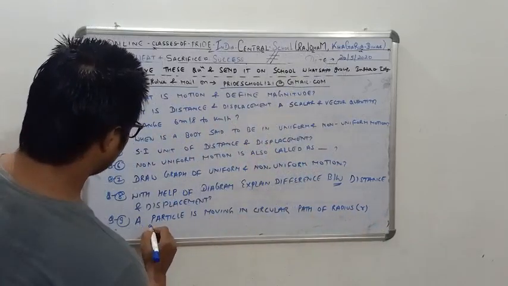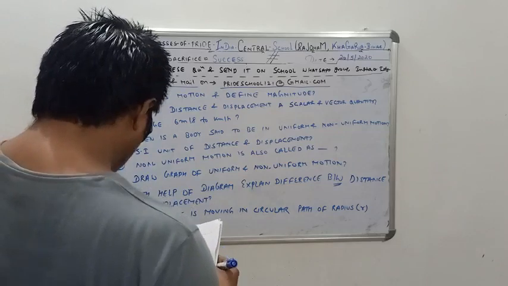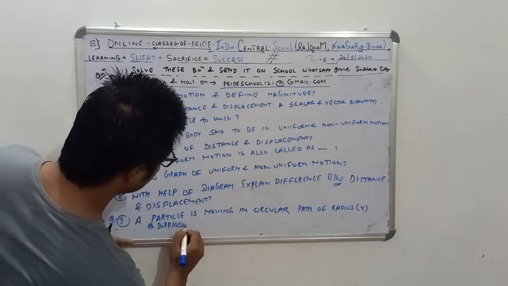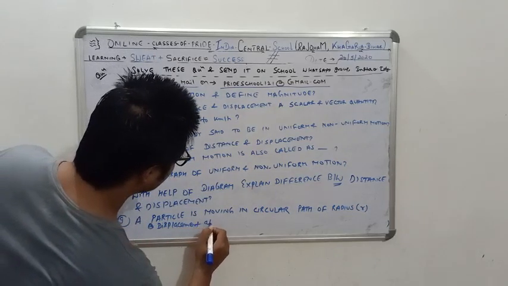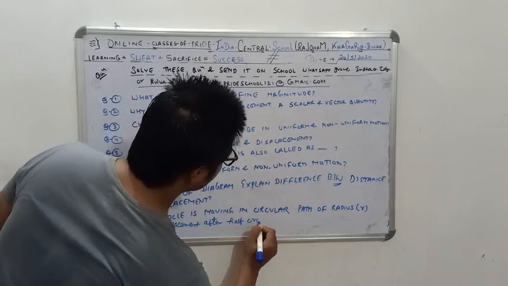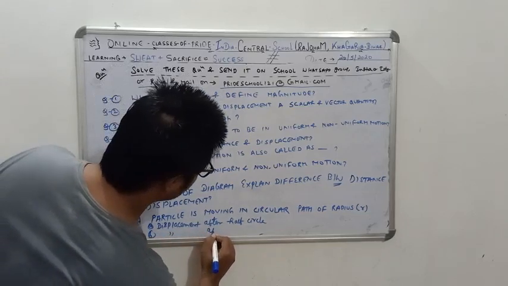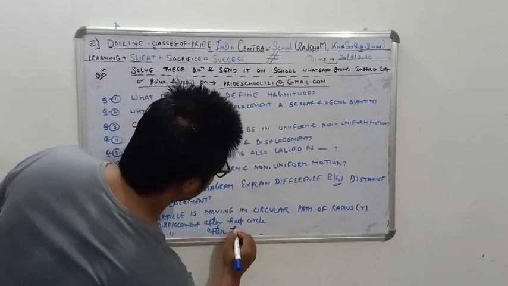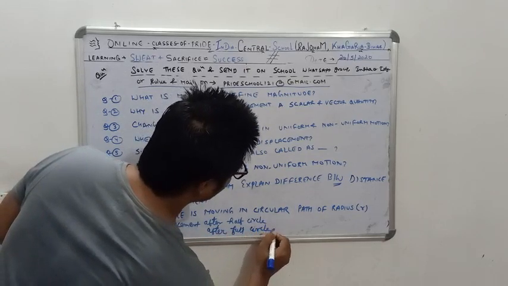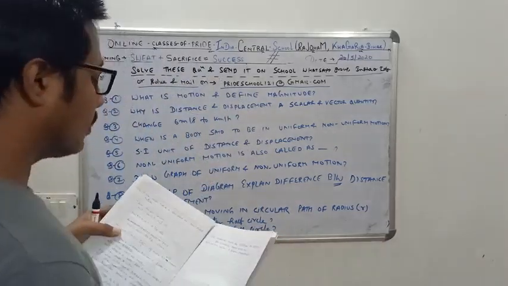What is the displacement after half circle? Number B, what is the displacement after full circle? What will be the displacement after the half circle and what will be the displacement after the full circle?